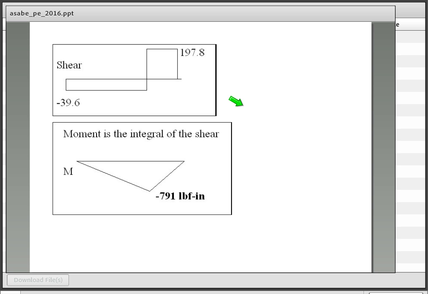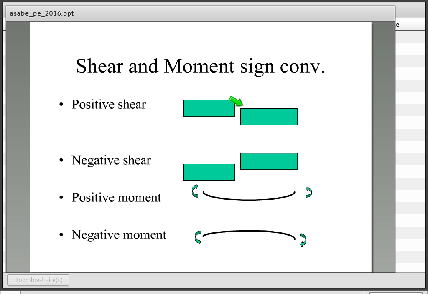Once I've got that, I can simply integrate the area under the shear to get the bending moment. So that bending moment gets greater and greater in the negative direction all the way up to here. Then it starts decreasing back to 0. So hopefully that's fairly old information for you there.